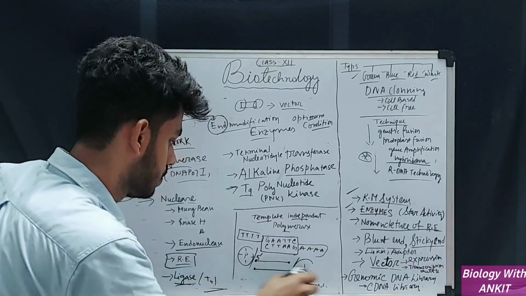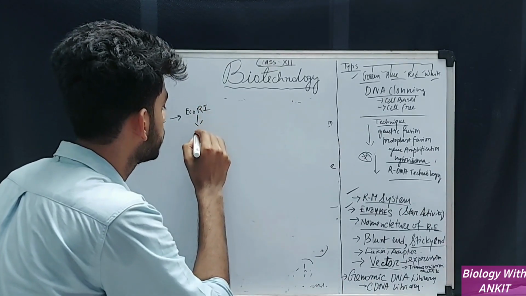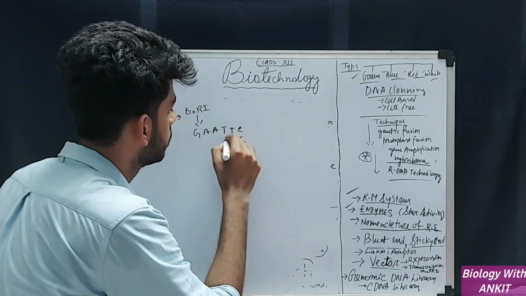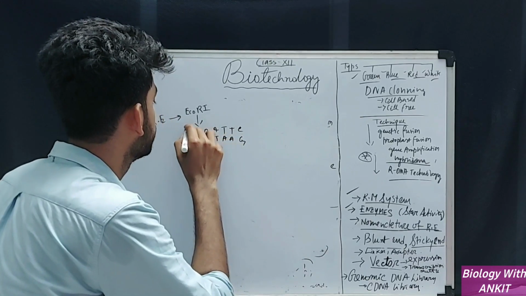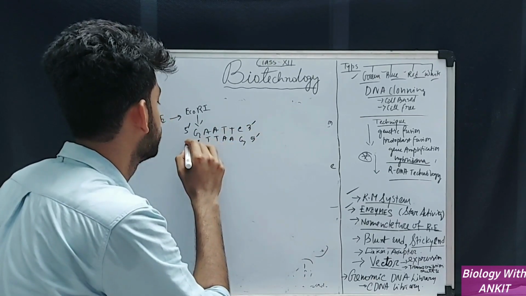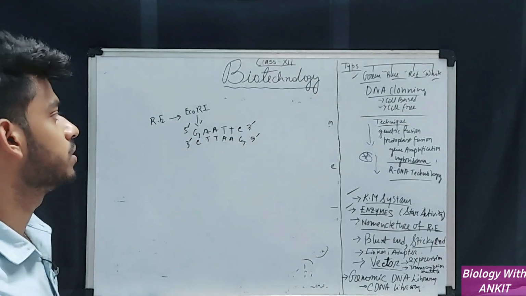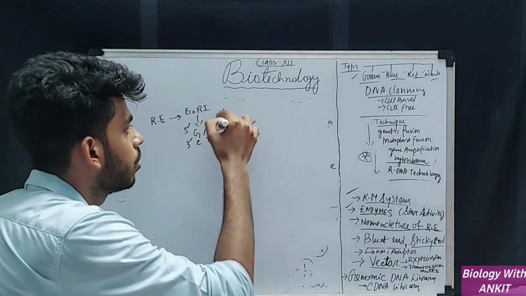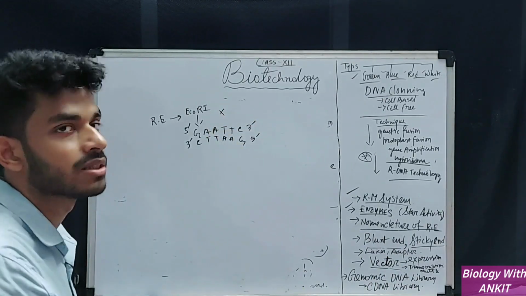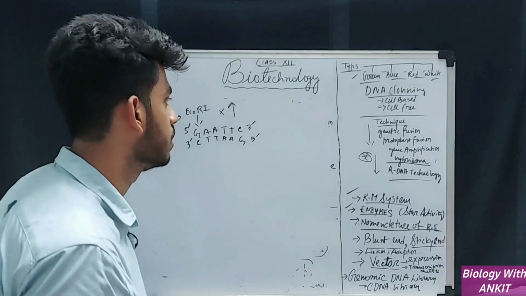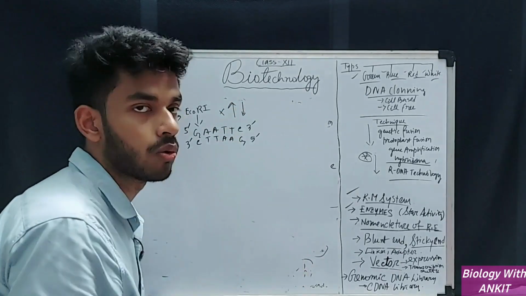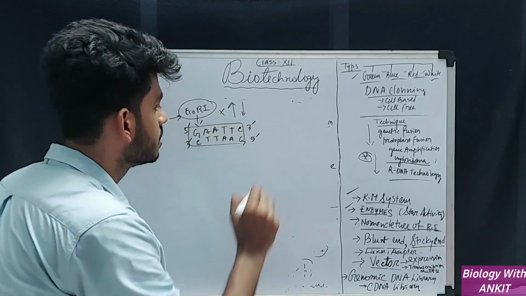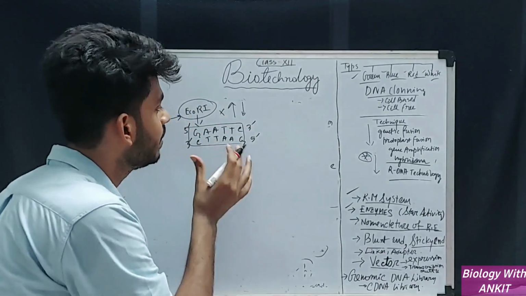Let me erase it. EcoR1, and it cuts the sequence GAATTC. Okay, so this is the sequence which this restriction enzyme recognizes, and if optimum conditions are not present, suppose the temperature is way too high or the pH is very low, then EcoR1 will not cut the exact sequence, but rather it will cut a similar looking sequence.